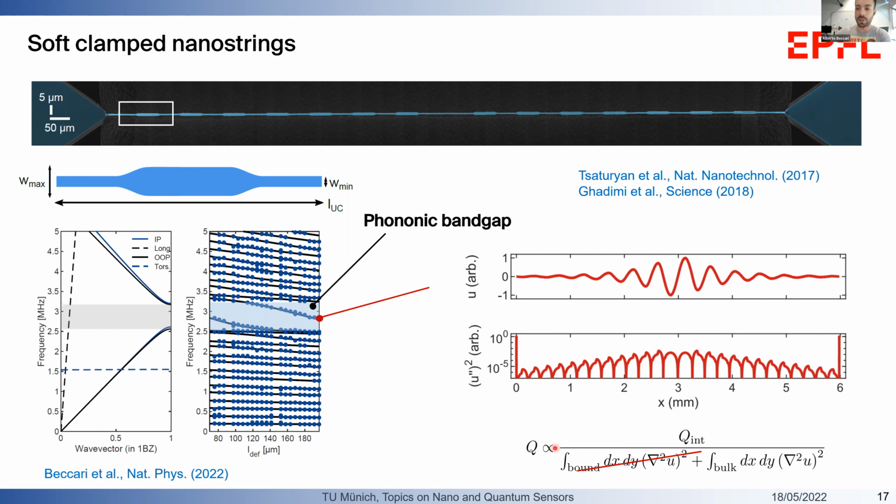Then, if you go back to the expression of the dissipation-diluted quality factor, we can almost completely neglect this first term that, if you remember, depended linearly on lambda, and we're left with only the second term corresponding to the distributed curvature of the mode pattern. This is the technique I mentioned of soft clamping in general, where we only have the dependence on the lambda square term at the denominator, and it allows you to increase the quality factor by more than an order of magnitude compared to generic unpatterned nanomechanical resonators.